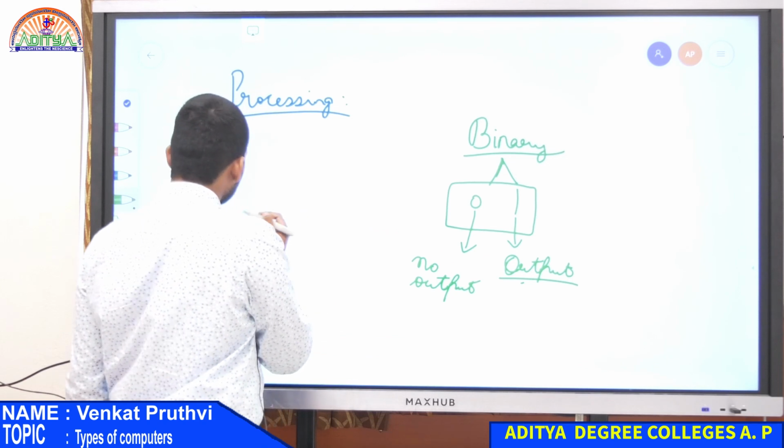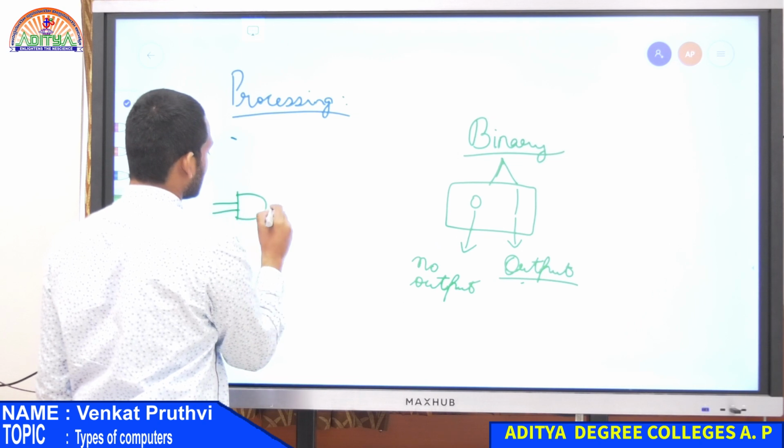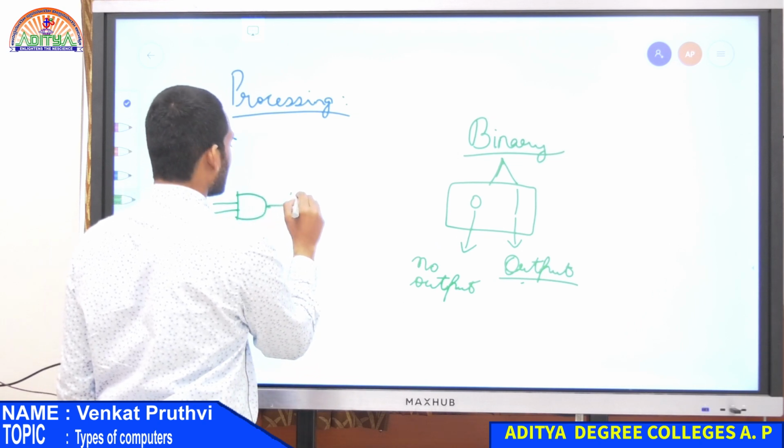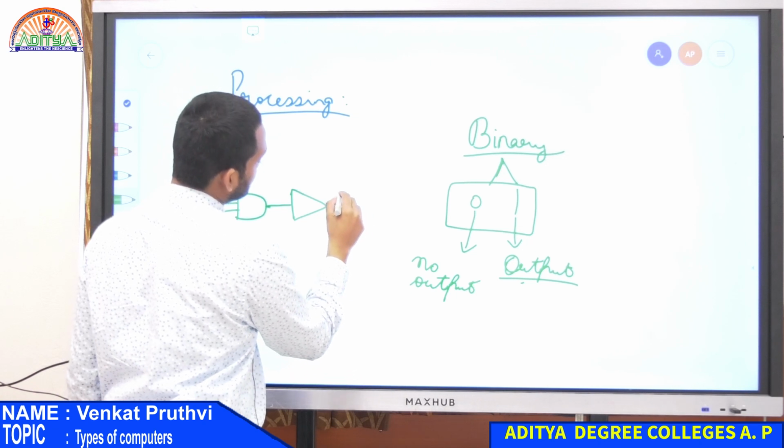Suppose we have a circuit. Suppose generally you have your gates like this. This is a general circuit that I am drawing.